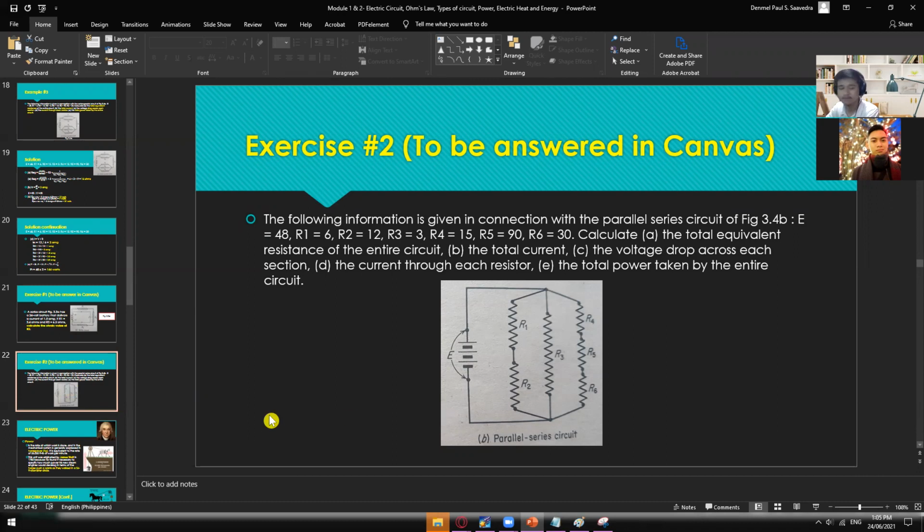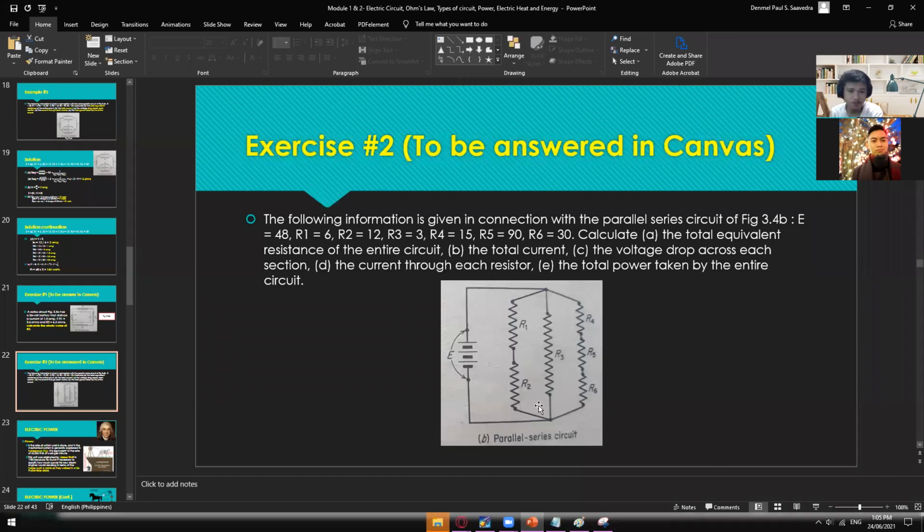All right. So are we clear so far regarding exercise number 2? What about the others?